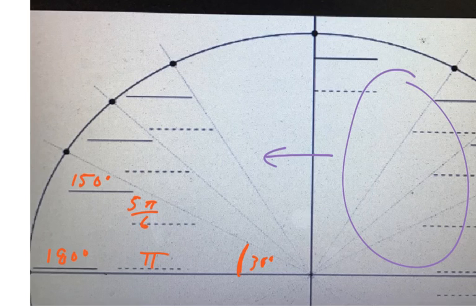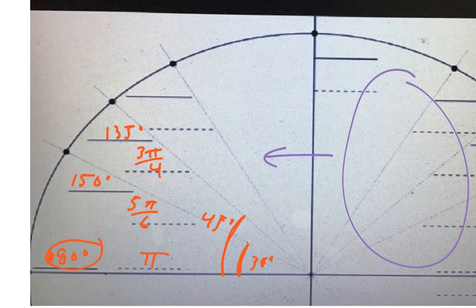Please ask. The next two blanks, notice that this is 45 degrees right there. So 180 minus 45 means this is 135 degrees. And that would be equivalent to, in radians, 3 pi over 4.